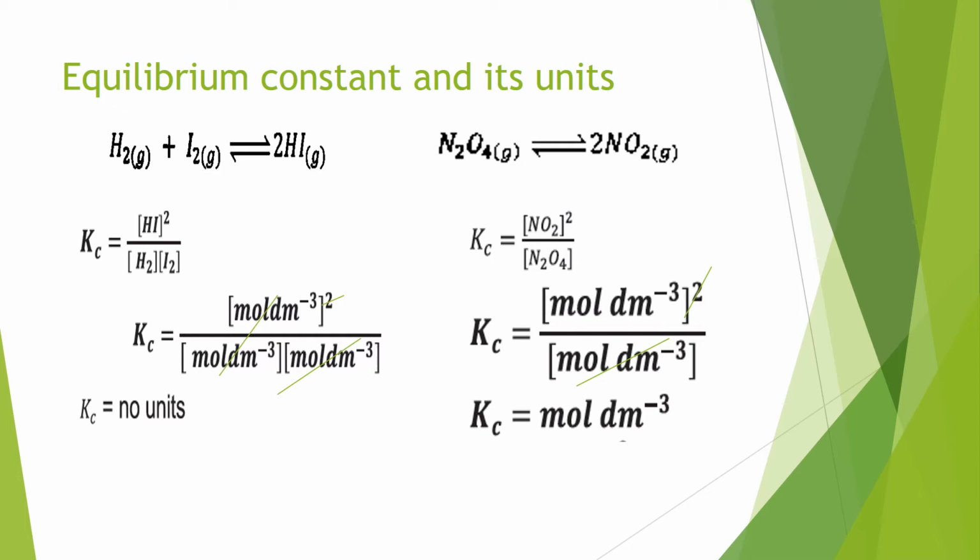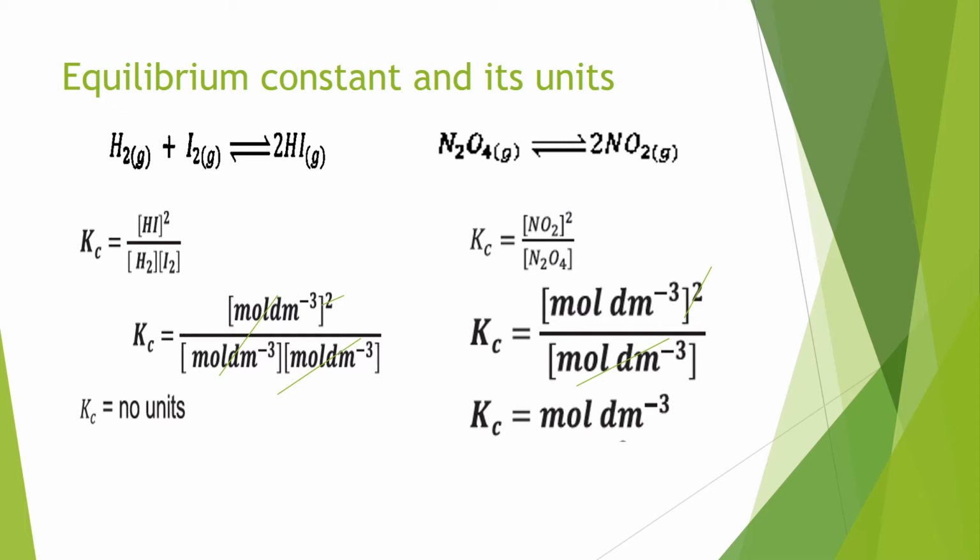For that, HI is raised to the power 2. So when you write it in the form of concentration, you write mole per decimeter cube raised to the power 2, or the square of this value, divided by the concentration of hydrogen, mole per decimeter cube, and the concentration of iodine, which is also written in mole per decimeter cube, in the denominator.